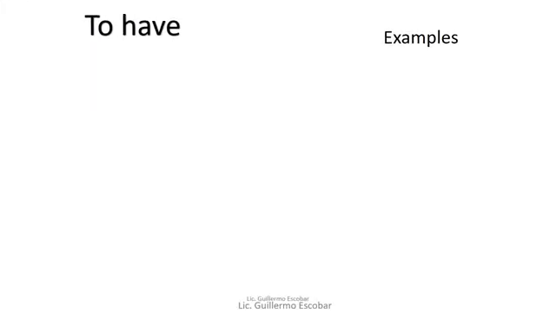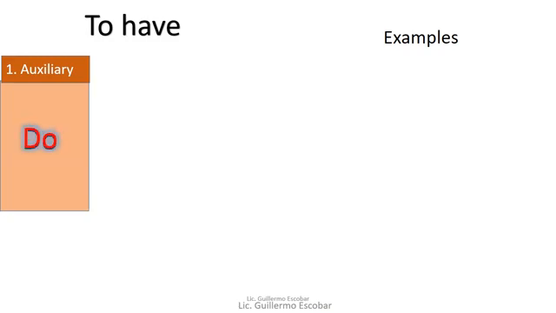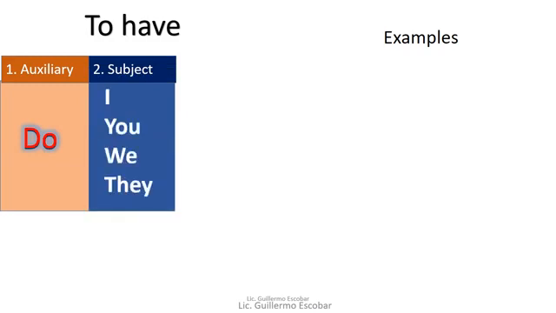The structure for making questions in the simple present is: 1. We write the auxiliary do. 2. We write the subject. It could be I, you, we, and they.